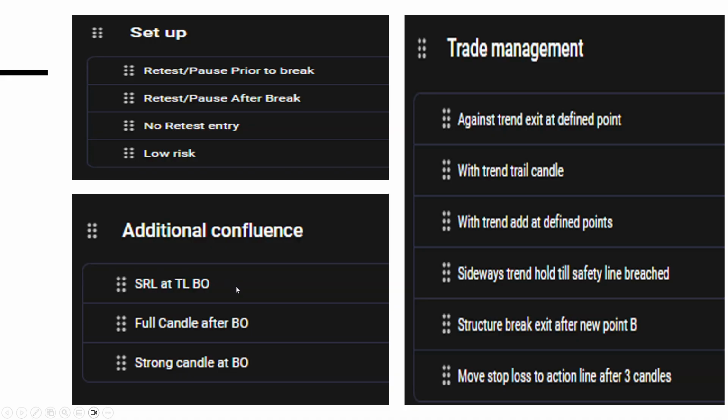If I got a support resistance level at trendline breakout, that makes it better. If I get a full candle after breakout, that makes it better. If I have a strong candle breakout, that makes it better. These things are additional. It just helps me think I got a better trade. Can that trade still go back on me and be a loser?